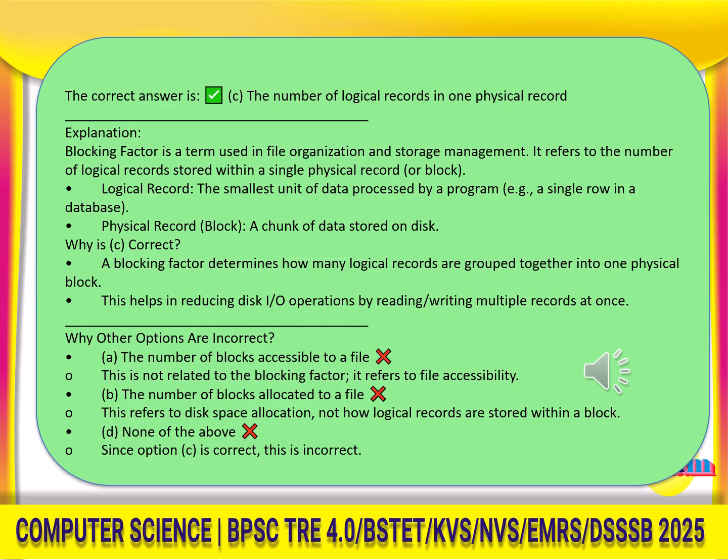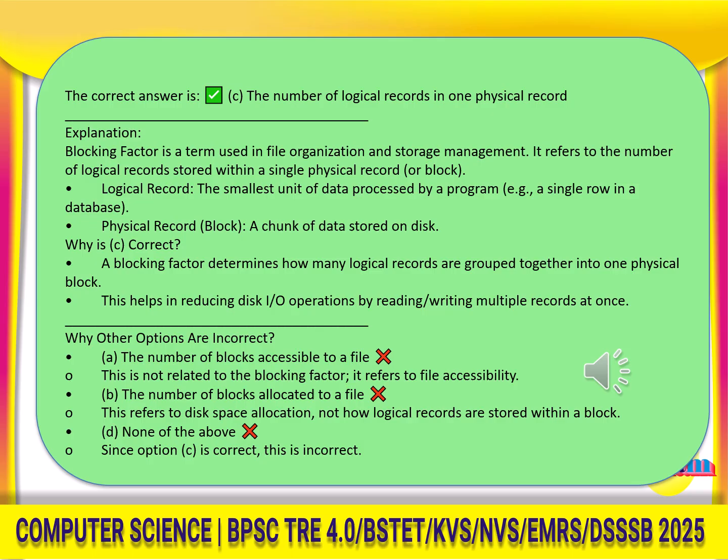Physical record, block: a chunk of data stored on disk. Why is C correct? A blocking factor determines how many logical records are grouped together into one physical block. This helps in reducing disk I/O operations by reading and writing multiple records at once.